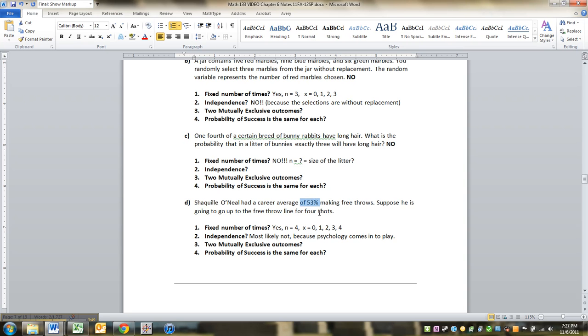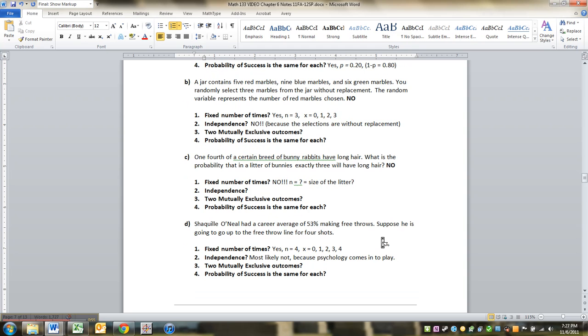It changes on his fitness. It changes based on whether he made the last shot. And if he doesn't make the shot, then maybe he's going to feel more depressed and not be able to make the next one and so on. Some economists and statisticians argue that with pro players like Shaquille O'Neal, the independence thing happens more readily for them because they do so many of these shots. But for your average players, of course, psychology really enters into it.